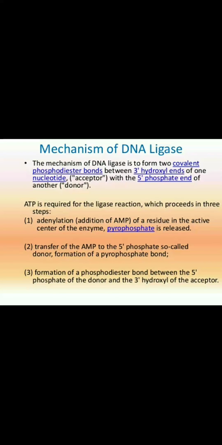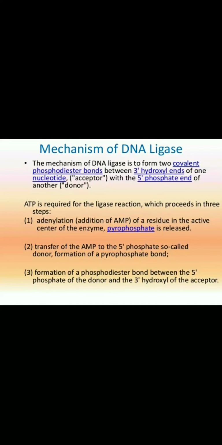Now this process requires three steps. First is addition of AMP into the active site of the enzyme. The enzyme has an active site, and at that site AMP, adenosine monophosphate, is added, so it releases the pyrophosphate.